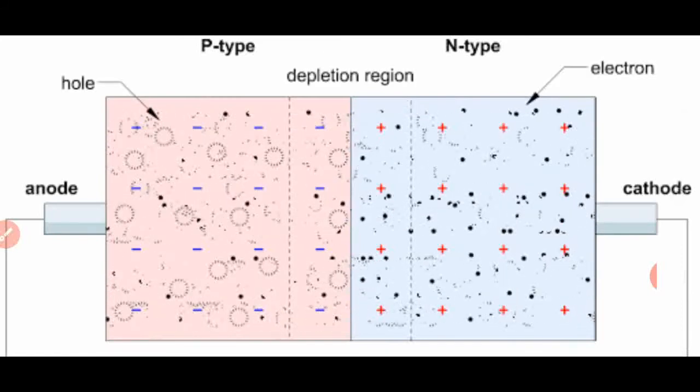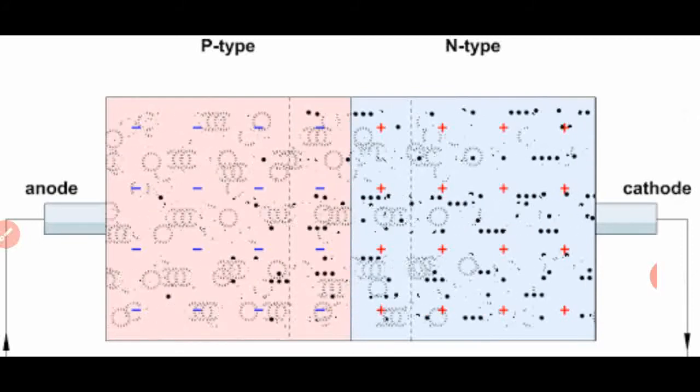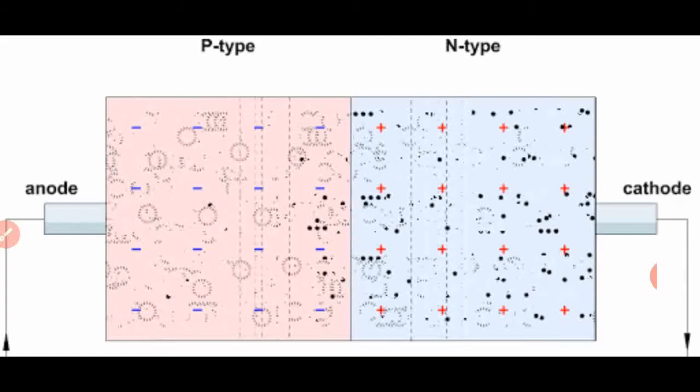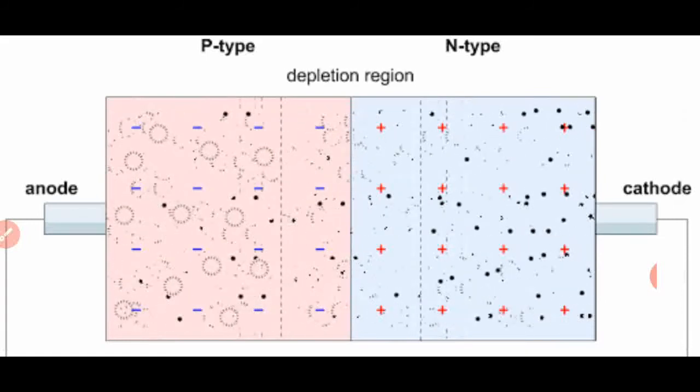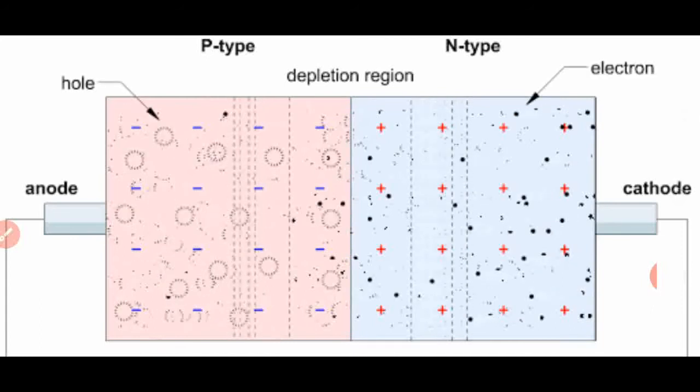This means that solar cells are solar diodes actually, and these solar diodes will allow the charges to flow in only one direction. This means that when we get the flow of charges in one direction, we will get the current.